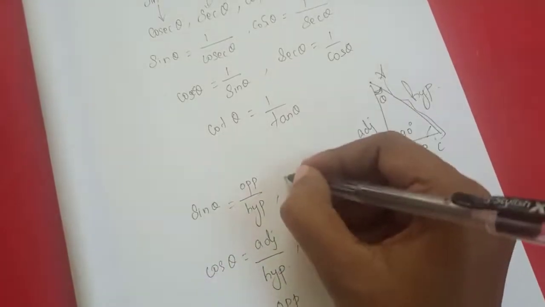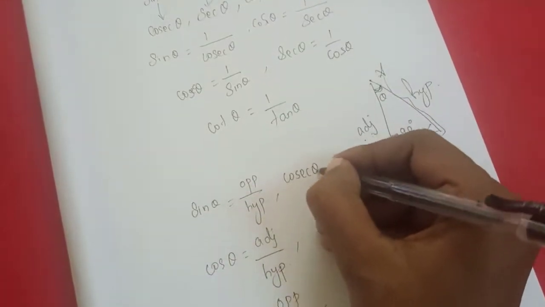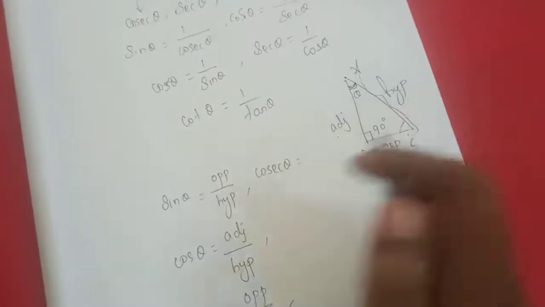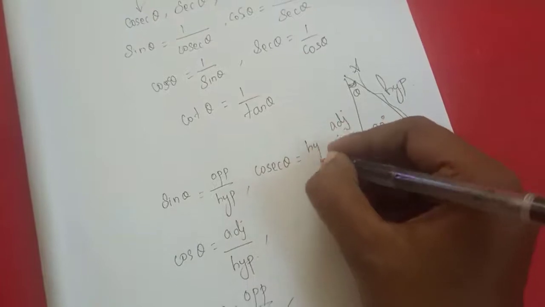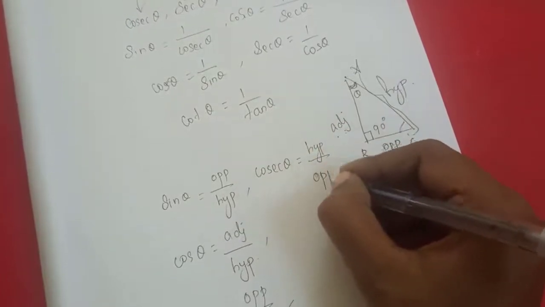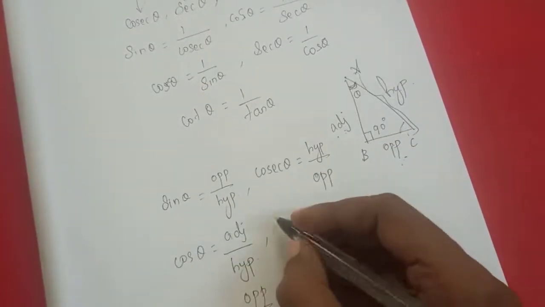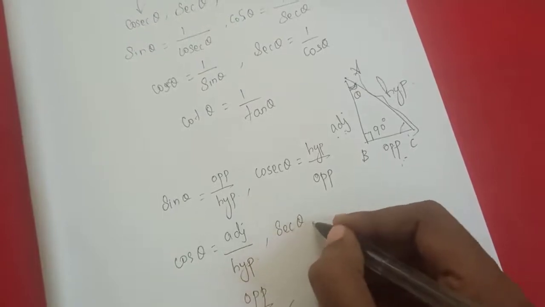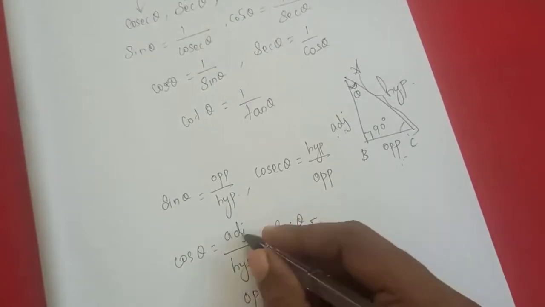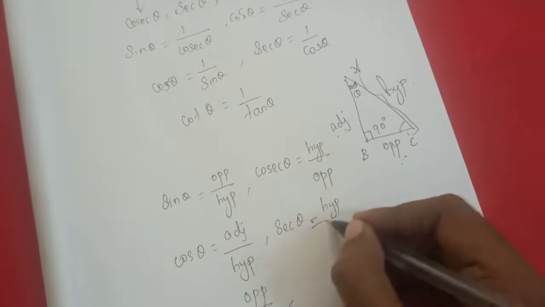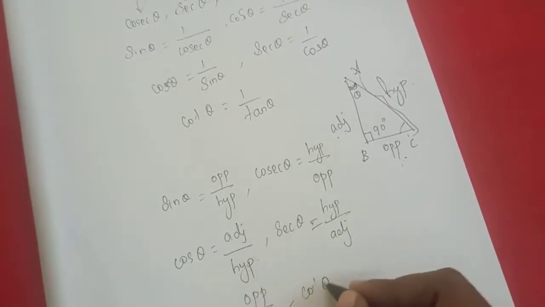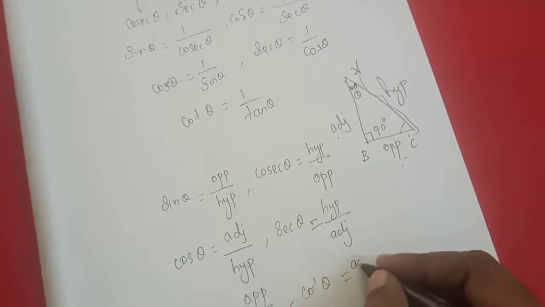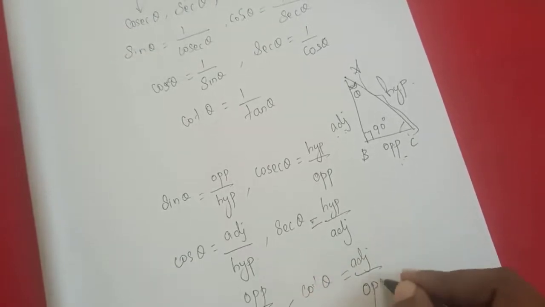Then same as that cosecant theta means first I have explained sin theta is the reciprocal of cosecant theta. So this will be changes reciprocal. So hypotenuse side by opposite side. Same as that cos theta, the reciprocal is secant theta. So secant theta means this will change as reciprocal, that is hypotenuse side by adjacent. Tan means it's cot, the reciprocal, just you change it, that is adjacent side by opposite side.